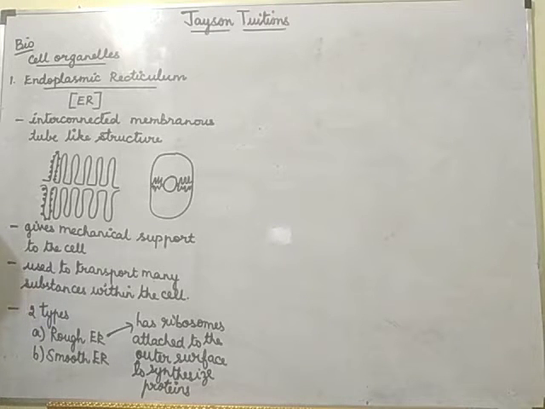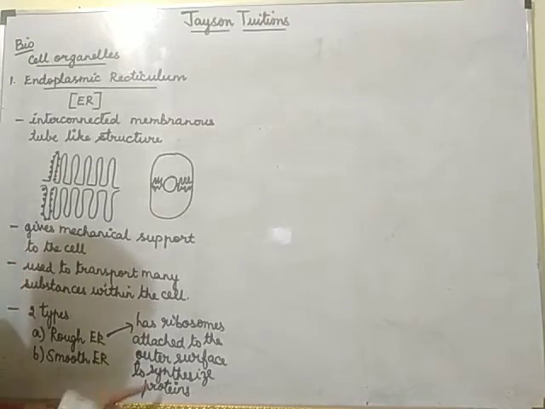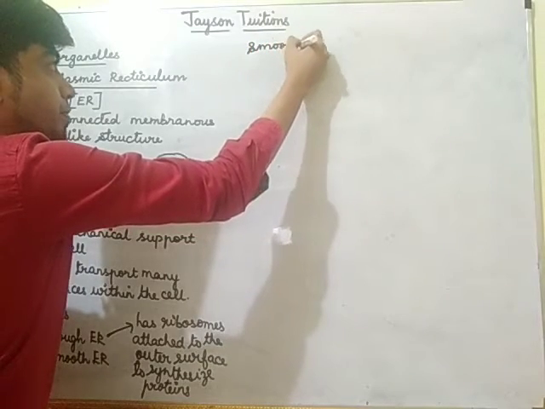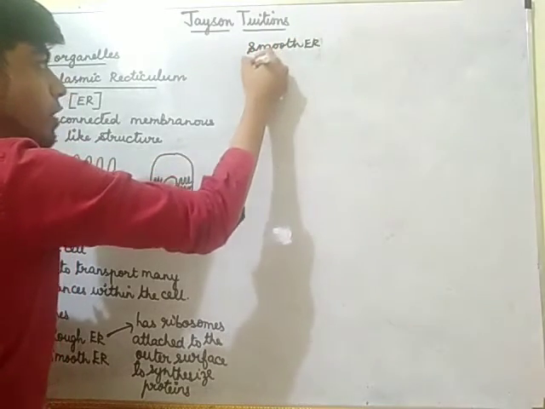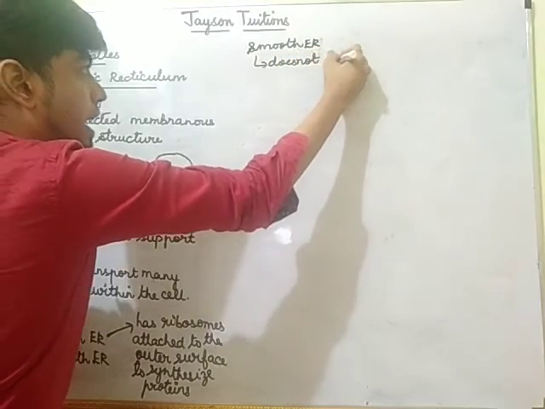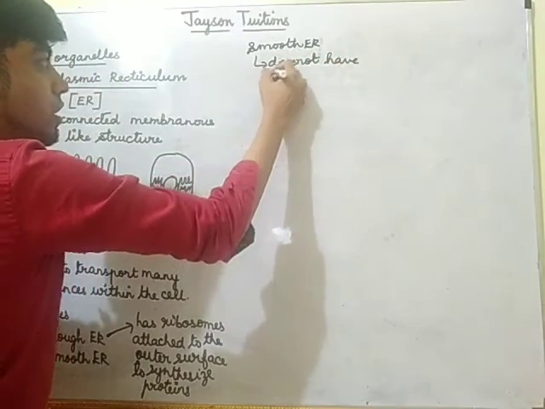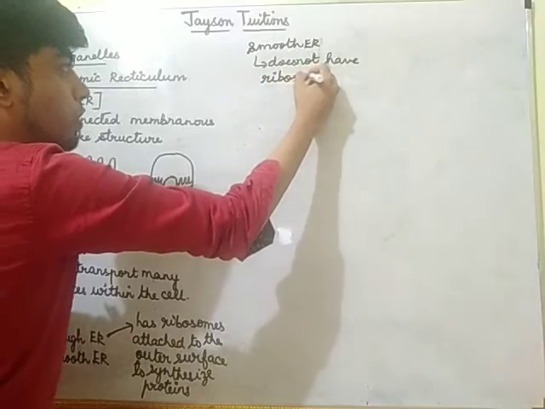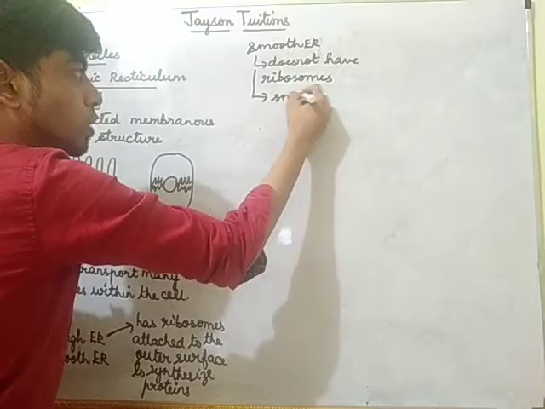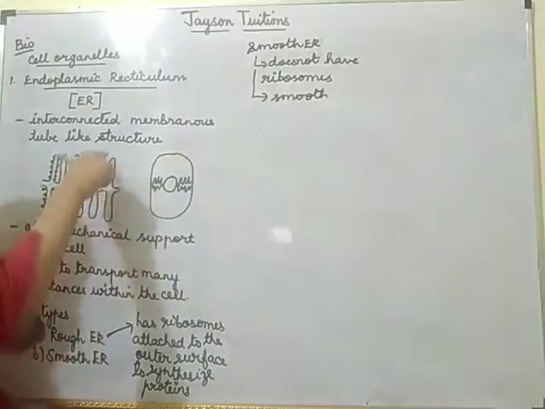Now, smooth endoplasmic reticulum. The smooth endoplasmic reticulum does not have ribosomes. It will be very smooth, like how I have drawn here.